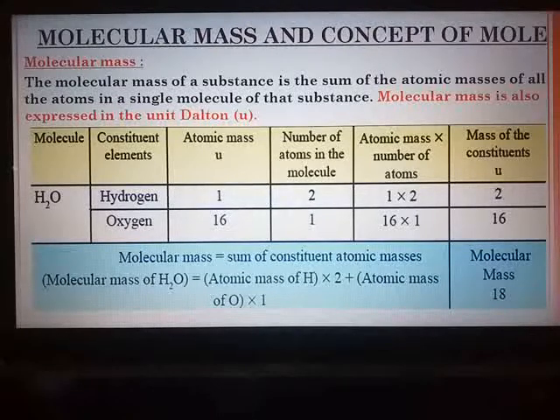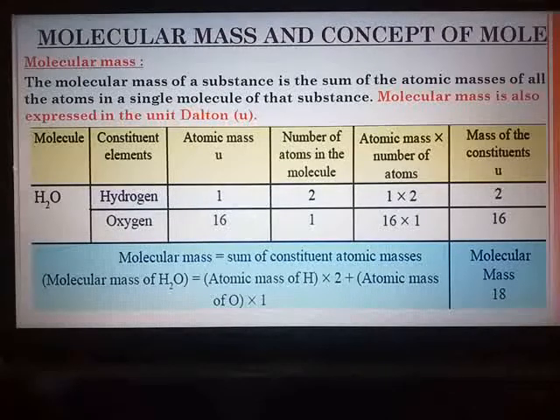As I had told you earlier, a molecule is nothing but a combination of atoms of that particular element, or if it is a compound, then it is the sum of the atoms of different elements which are present in that compound.